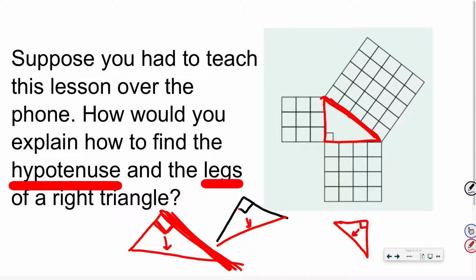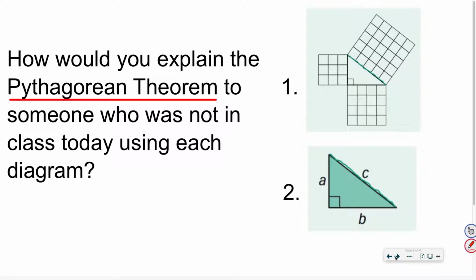Good. So once you've found the hypotenuse, you've pretty much found it all, because if you know the hypotenuse, then the other 2 sides have to be what? Legs. They have to be the legs, exactly. Good. How would you explain this to somebody if they weren't here? Granted, we are recording this, so they could always watch it. But just the basis of what you've written down, how would you explain this in your terminology?